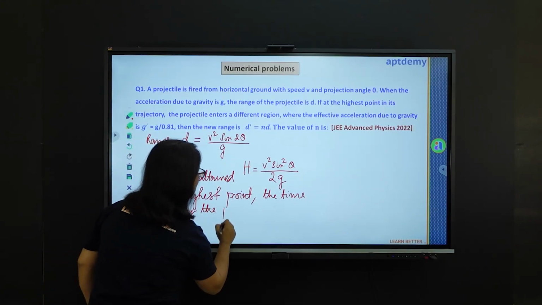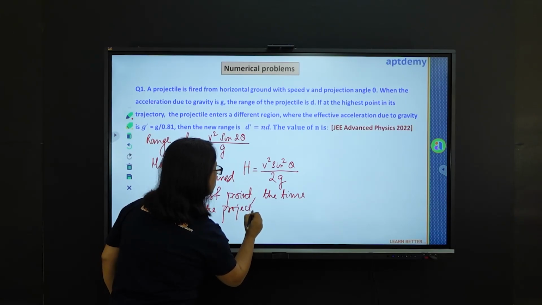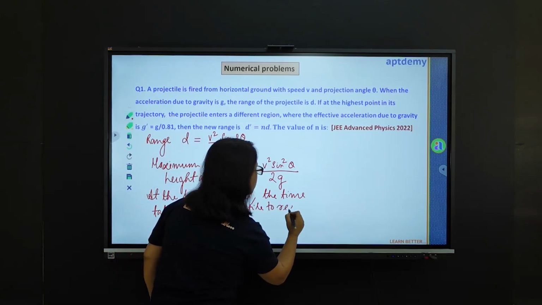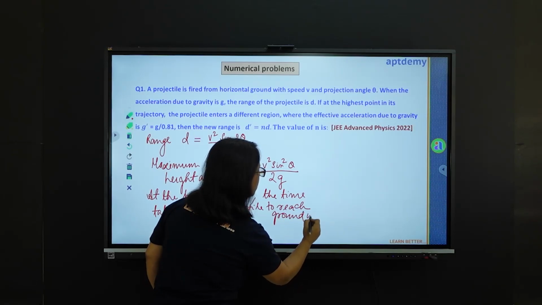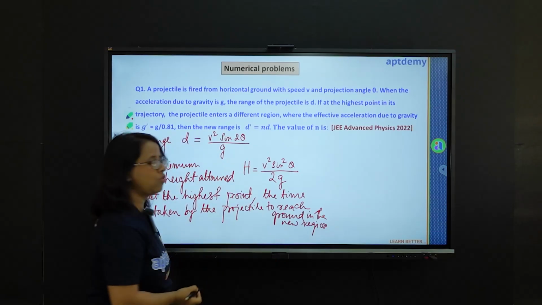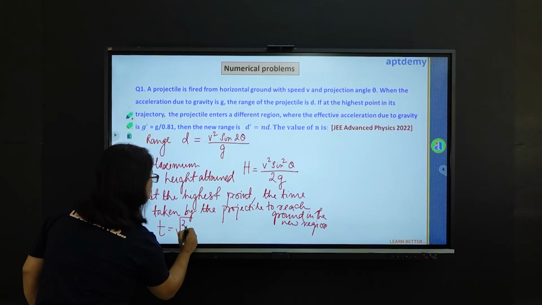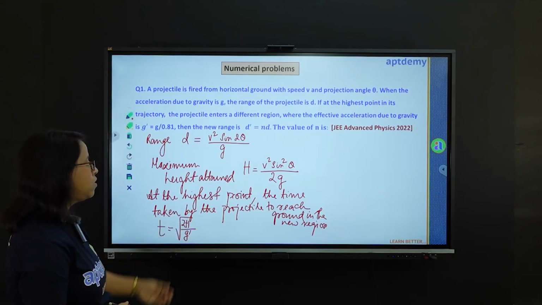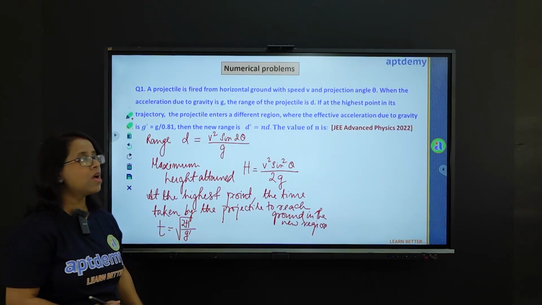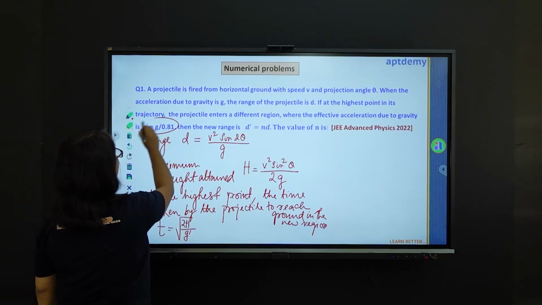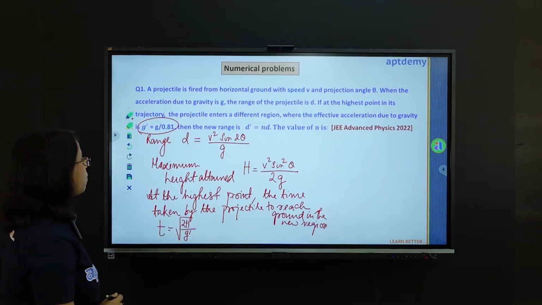At the highest point, the time taken by the projectile to reach the ground in the new region, that is, after it has entered the new region, will be given as t, which is equal to root over twice h by g dash, because within the new region the acceleration due to gravity is not g but given by g dash, which is equal to g by 0.81.